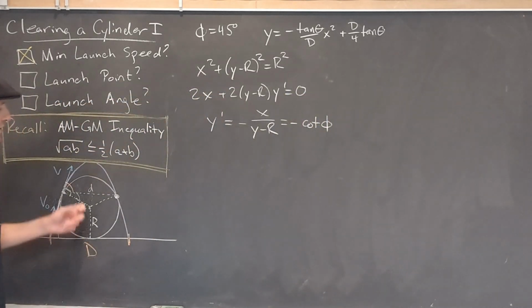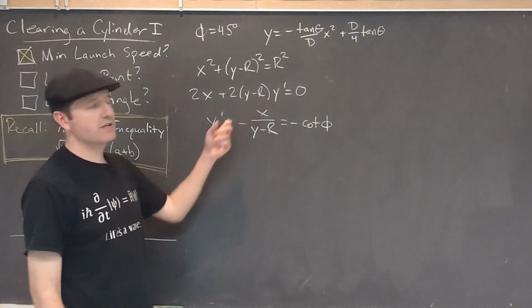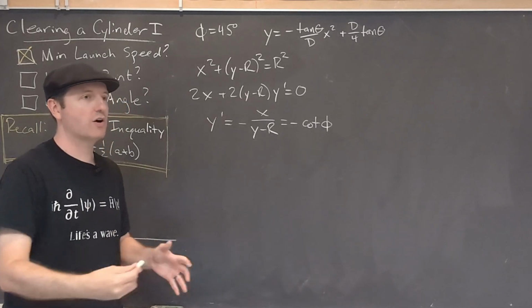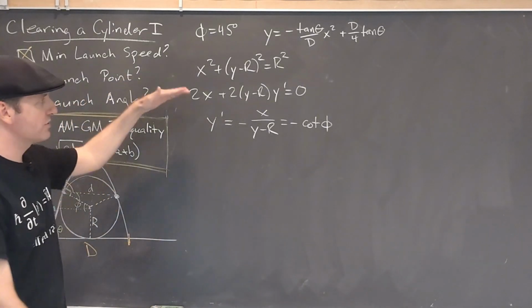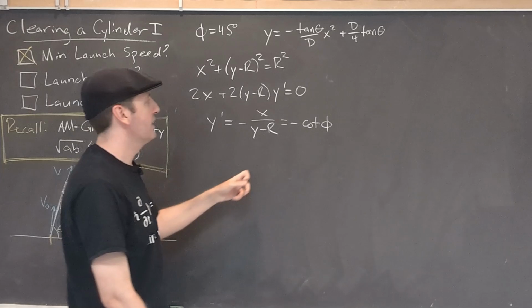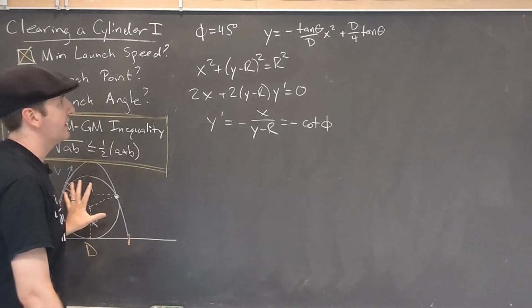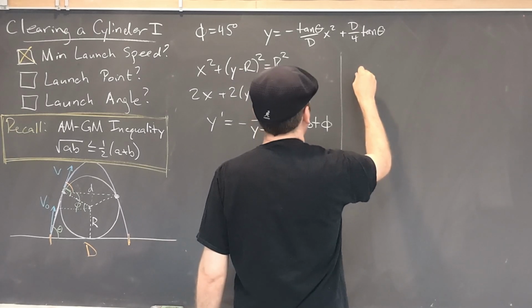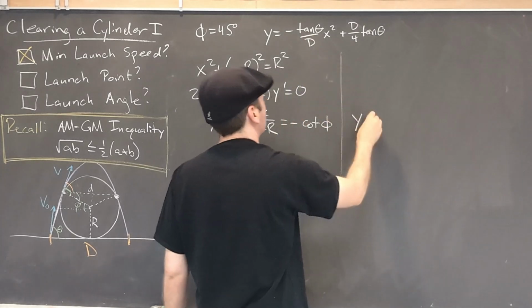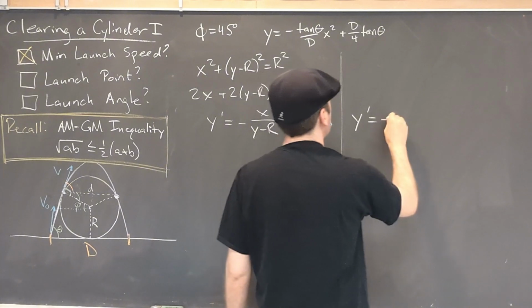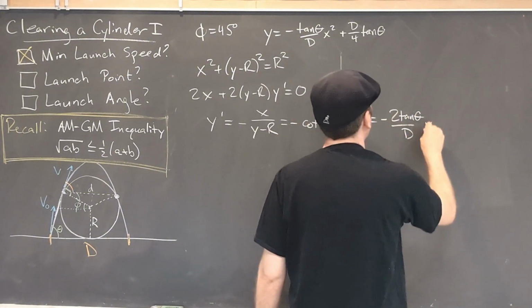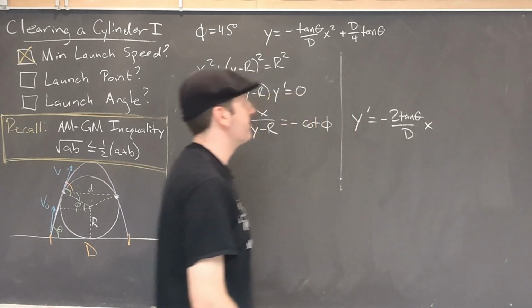So if you don't believe me, try changing to polar coordinates here. X can be written as r cosine phi, y can be written as r plus r sine phi, and when you take cosine over sine, you get cotangent. So that's the derivative of the circle side. On the other side of things, we have the derivative of our parabola, and that'll just be minus 2 tan theta over d x plus 0.